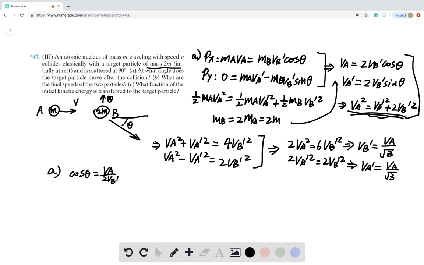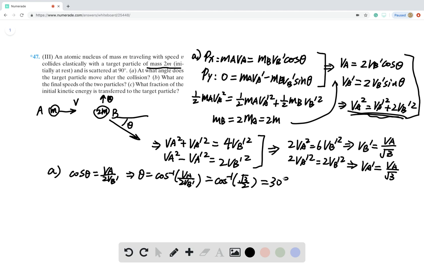So theta equals arc cosine of VA over 2VB prime, which is arc cosine of square root 3 over 2. That is 30 degrees. So the target moves 30 degrees with respect to the original direction of the incident particle.